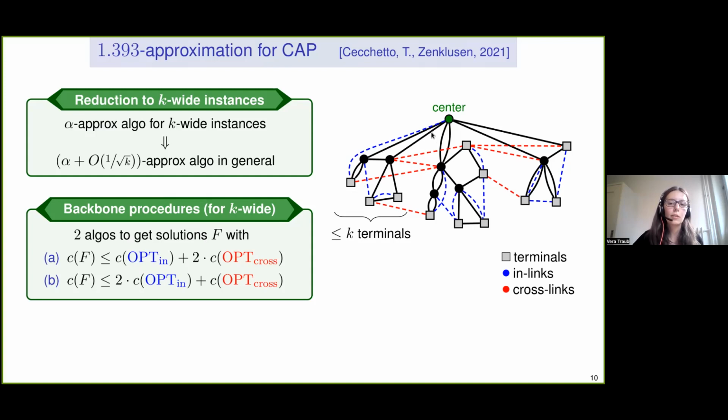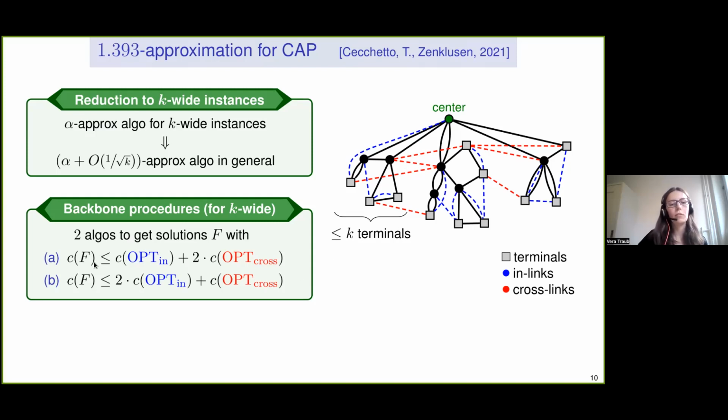The first are these blue links here, which we call the in links. These are links that have both endpoints in the same subcactus hanging off the center. So here the blue links are those in the first subcactus hanging off, and here are some more blue links which are completely inside a subcactus hanging off the center. And then the cross links, these are the red links. These are the ones that go between 2 different subcacti hanging off the center.